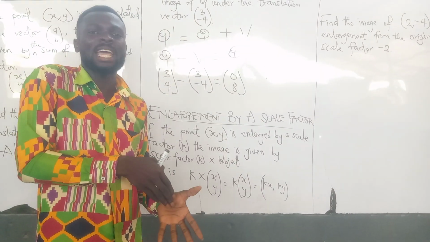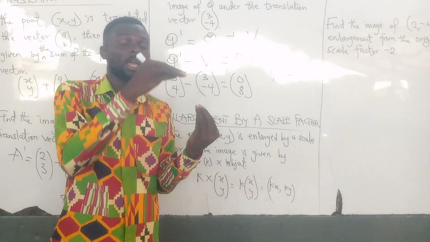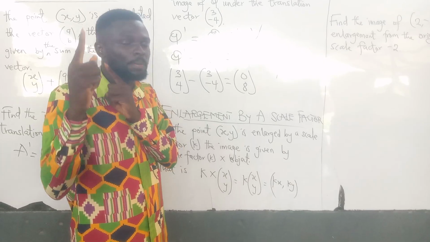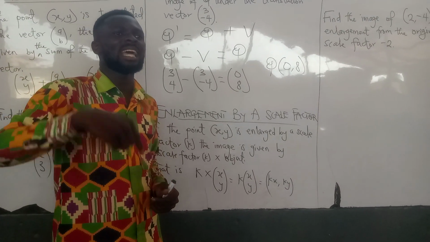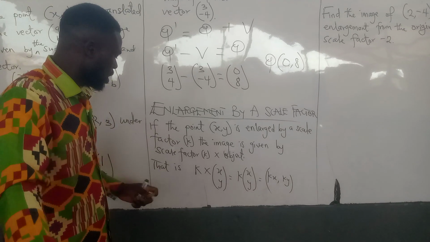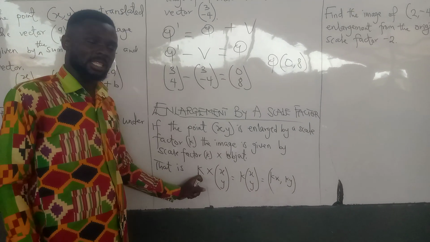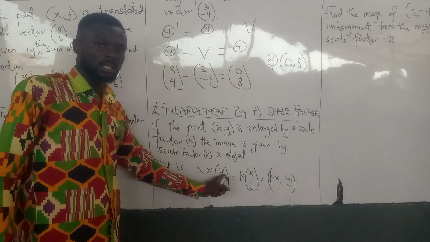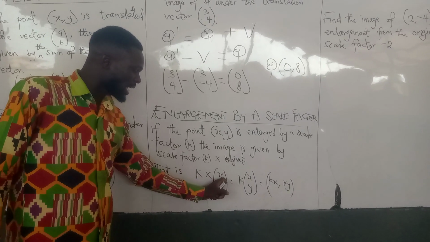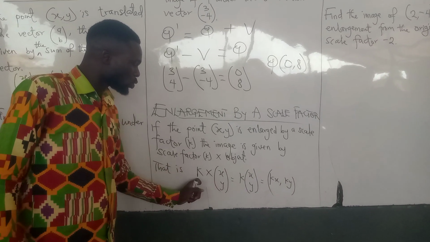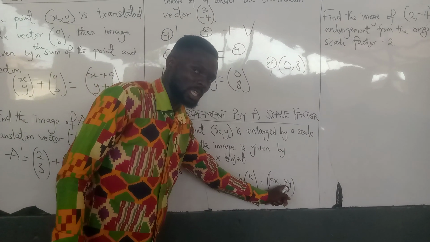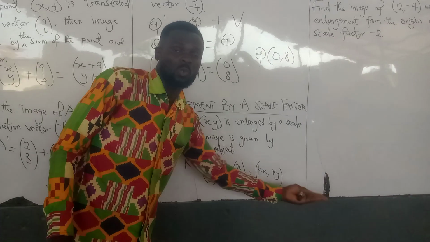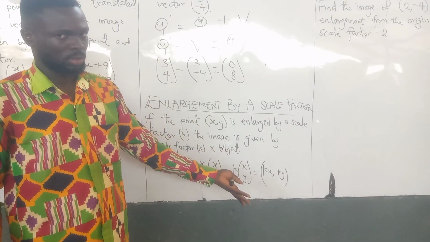So if I'm finding the image of a given point, it is the scale factor I've been given times the object. That is k times the object, so we have k multiplying x and k multiplying y. Doing the multiplication, you get kx, ky, where k, x, y are variables.